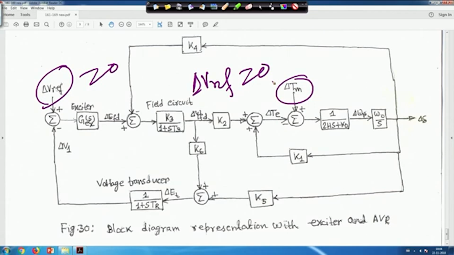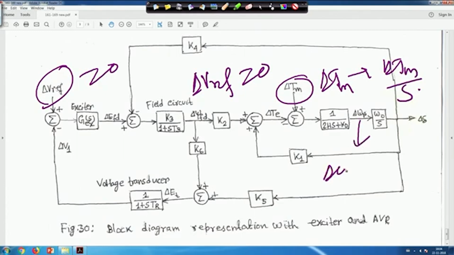If we take a step input, when you take the Laplace transform, it will be delta T m by S. Then we have to find out the value of delta omega r steady state value.